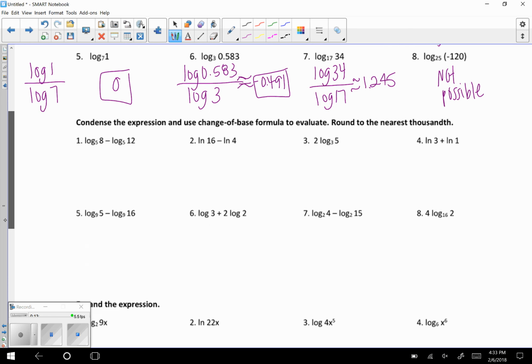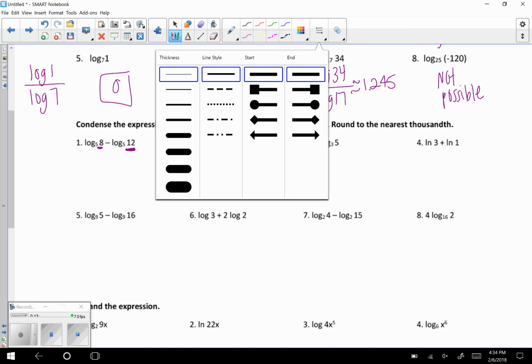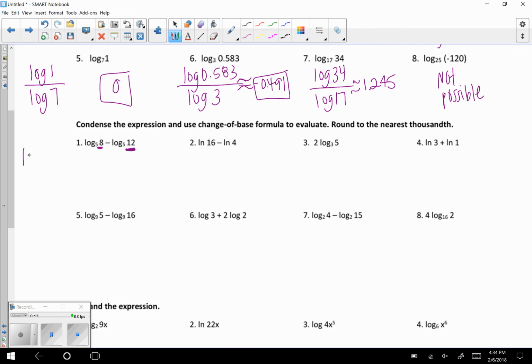So now we are going to condense and then use change of base. Okay. So number 1, I have subtraction. So subtraction goes with the quotient property. So I'm going to have 8 divided by 12. So this would be log base 5.